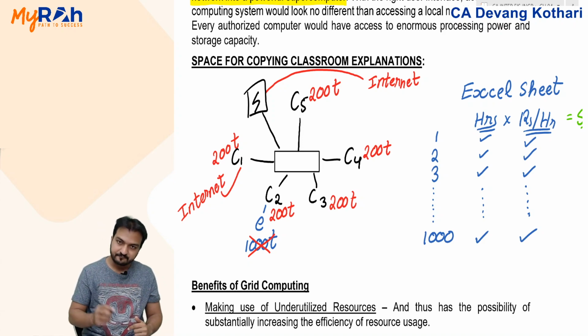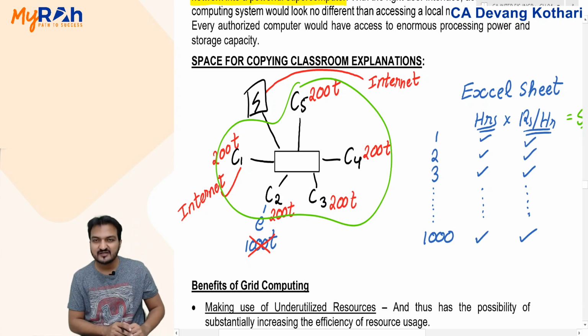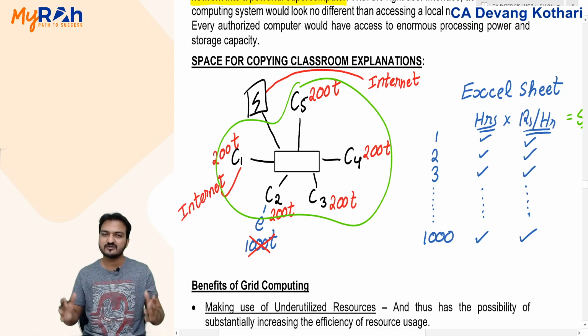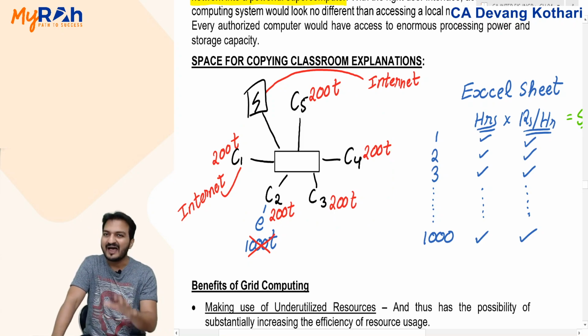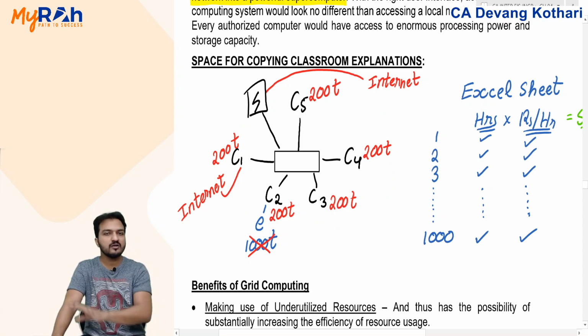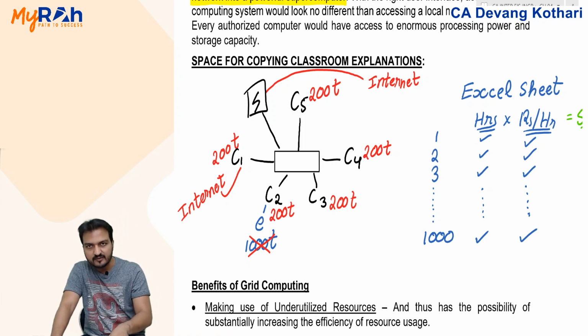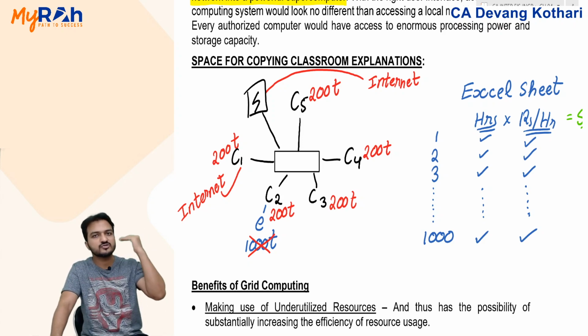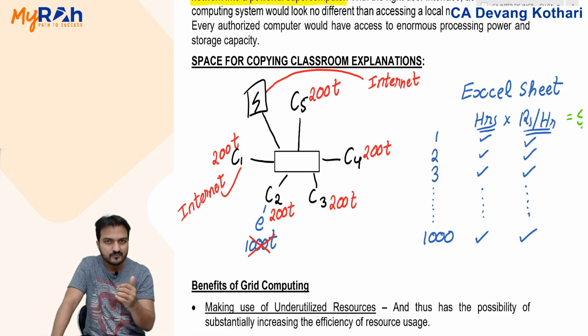Now imagine, here I had a network of 5 computers. If it is a network of 500 or 5000 computers, all computers' processing power is not idle at a time. But at this very moment, if there are 100 other computers sitting idle, then my processing speed can become 100 times faster using grid computing. That is the main benefit here.